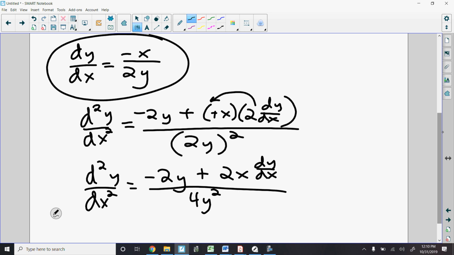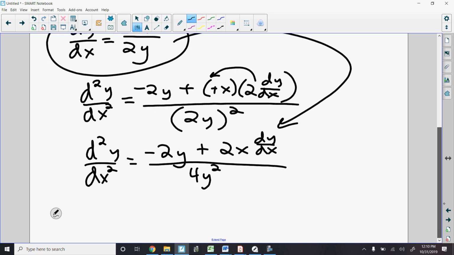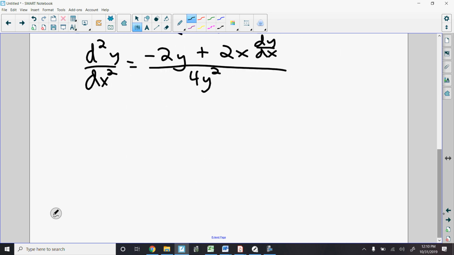Now, right now we have to sub this in for dy/dx. But again, I'm always looking to simplify. I can simplify right now by dividing all three terms by 2. So I'm going to do that one last step just to make my life as easy as I can. A little bit of work now saves a lot of work later.